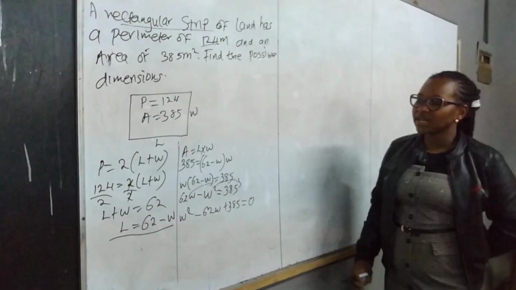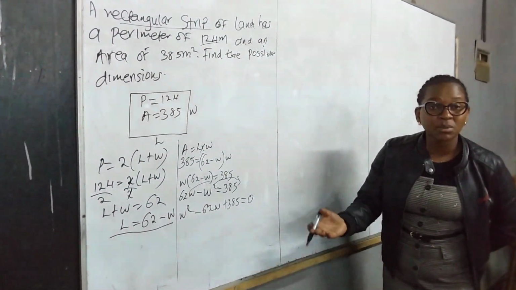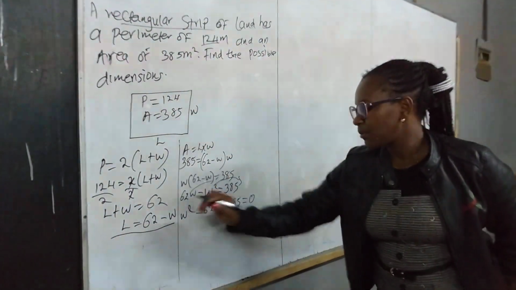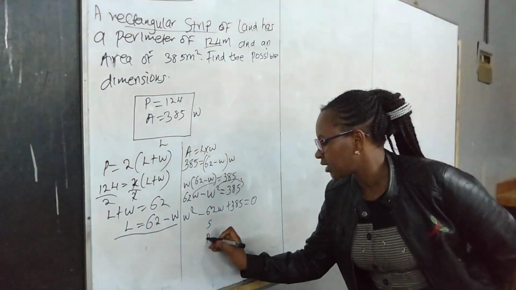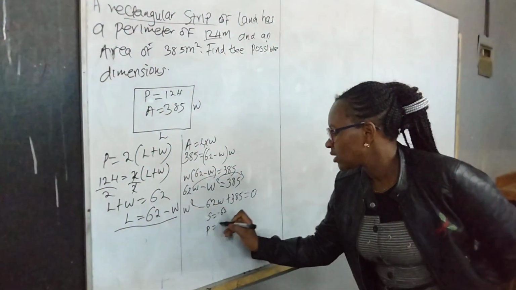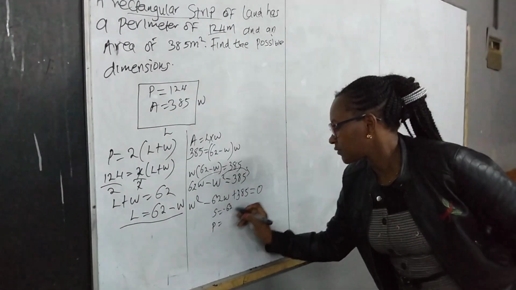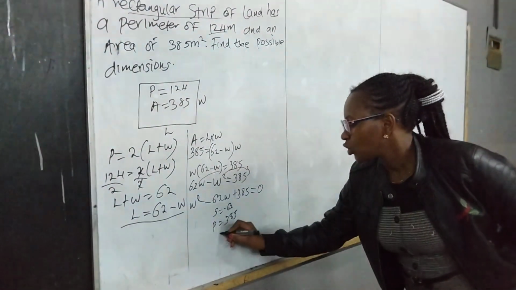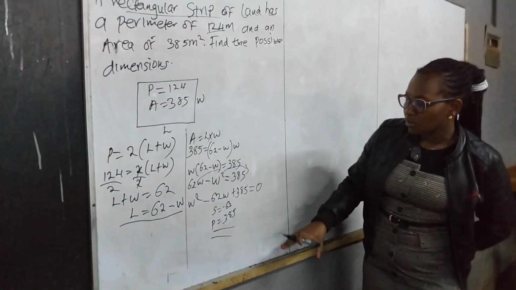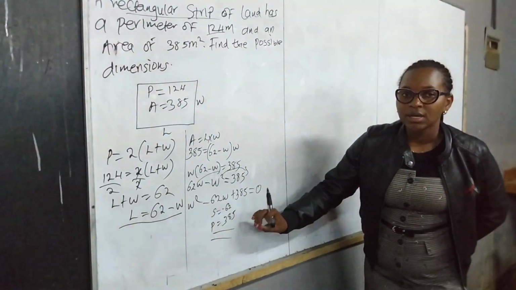From this part, we can use any method. But when we come to find the sum and the product, the sum here is going to be negative 62, and the product is going to be 1 times 385. You will witness with me that finding those two values is going to be some task.